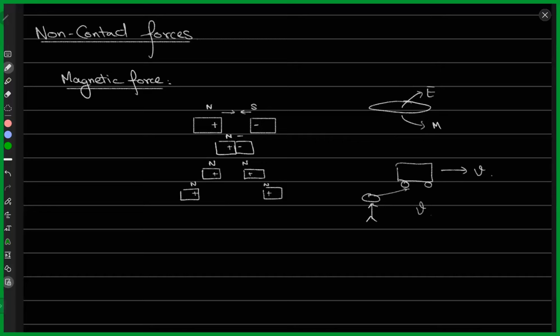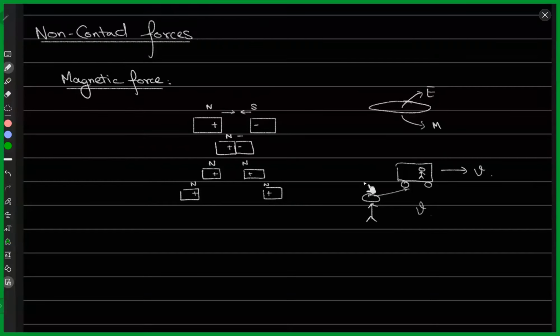Imagine that there is someone sitting inside this car. Suppose you're this person sitting inside the car. What would you feel your velocity to be? The person sitting in the car would have no velocity, according to him. Exactly.